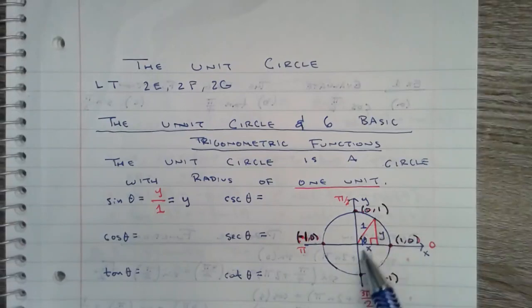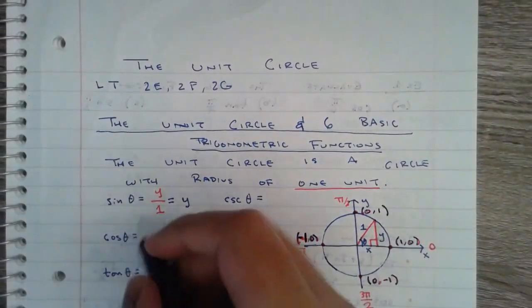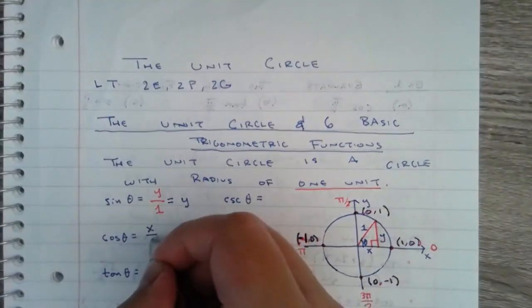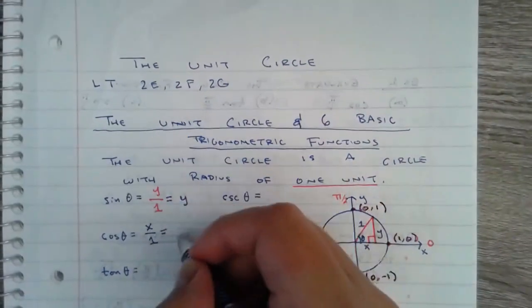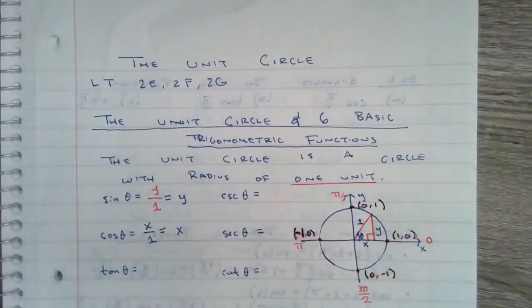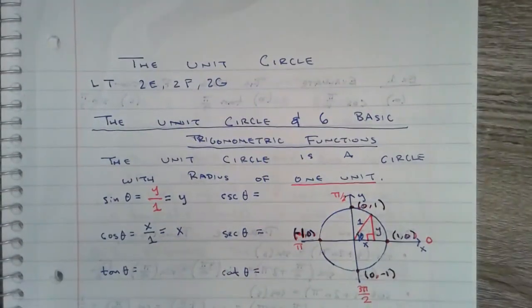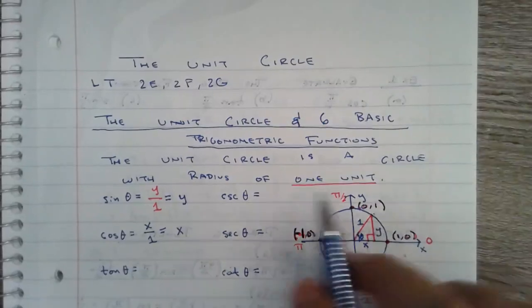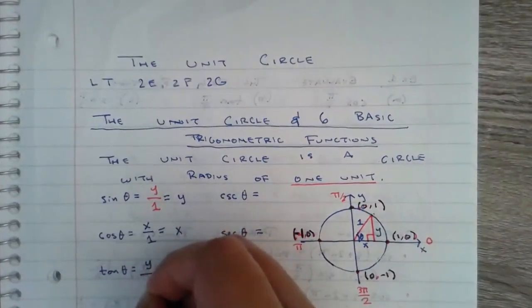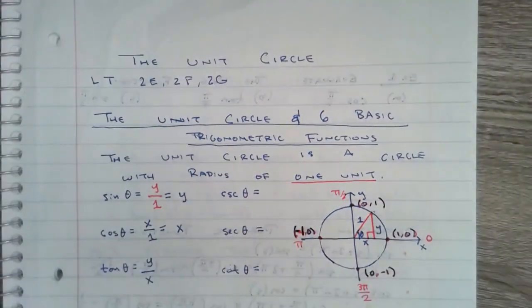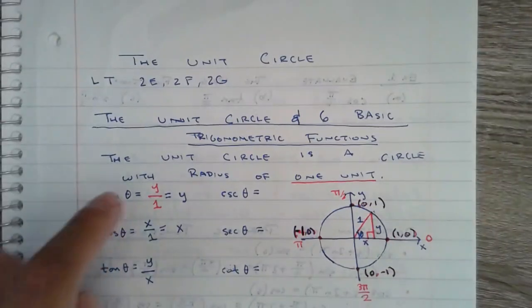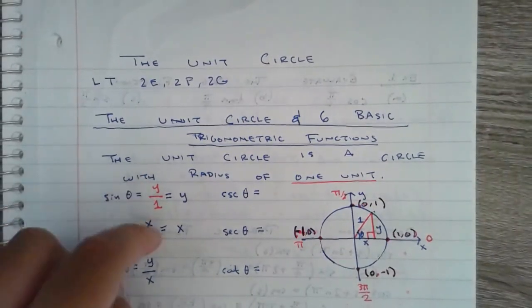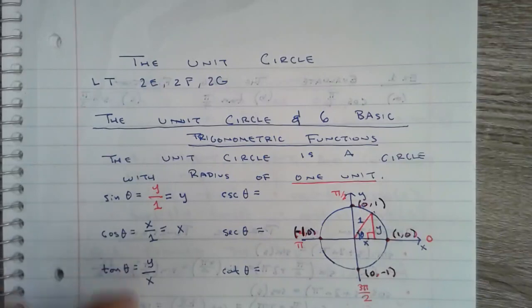We label the x and y right here, guys, because we don't know what the lengths of these sides are. So your cosine is going to be x over 1, and x divided by 1 gives you x. That's your cosine. Your tangent, which you should know, is opposite over adjacent, which is y over x. Very straightforward.